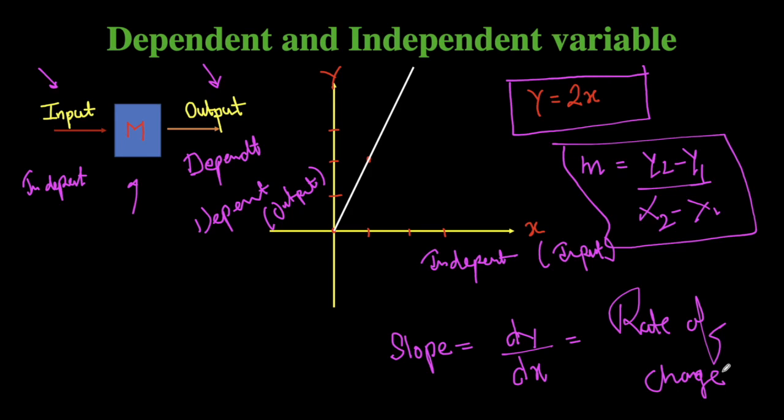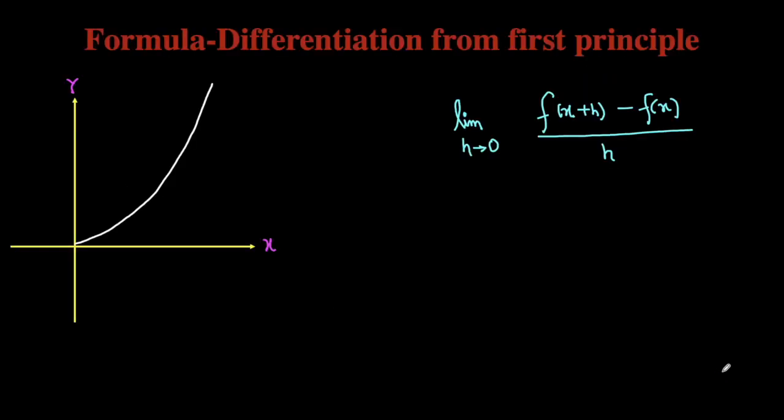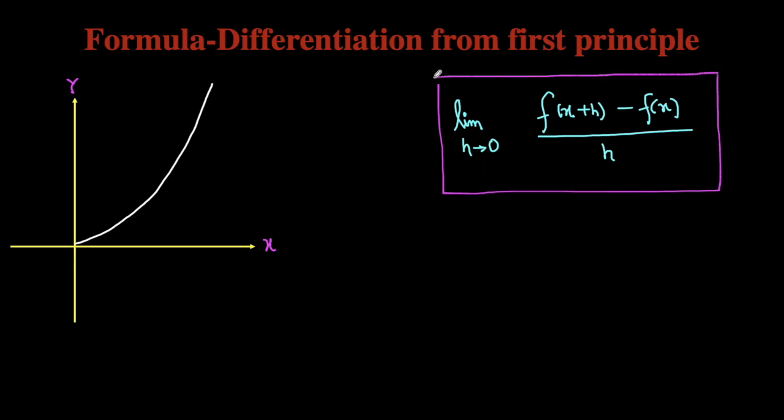So now let's start with the formula for differentiation from the first principle. This is the formula you have to use to find the differentiation from the first principle, but I want you to get the feel of this formula, how this formula is derived. Let's suppose there are 2 points.